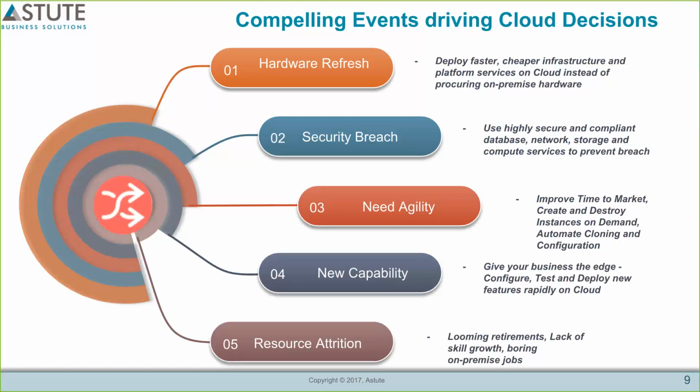Do I want to be in the business of managing more servers and replacing them and paying for warranties and maintenance services and asking my staff to tear down and build new equipment for me every few years? Or would you rather just deploy on cloud where you don't see the hardware at all, but you are consuming the services as and when you want them, and you're always assured that it's running on optimized hardware behind the scenes? So that's one compelling event.